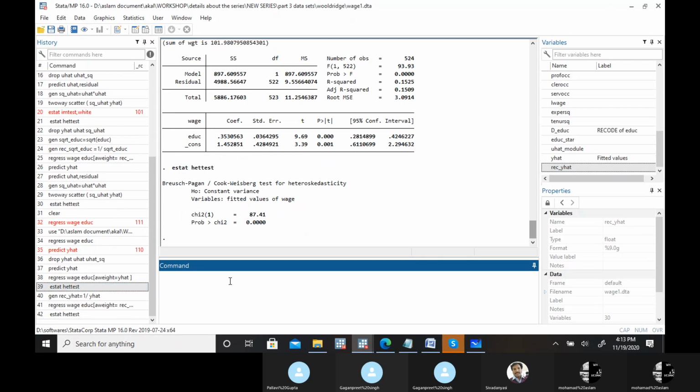Let's see it up to some extent. Still heteroscedasticity is there. Let's see the graphical relation.